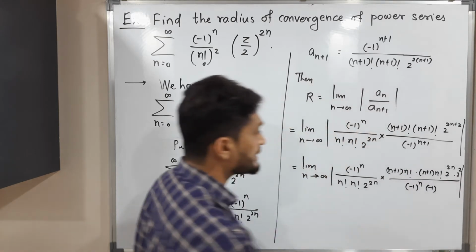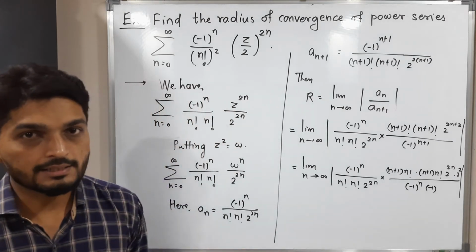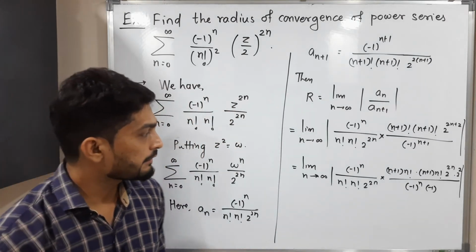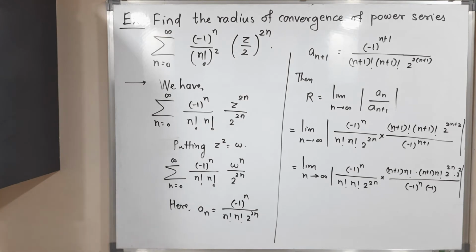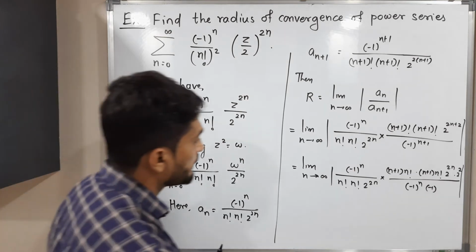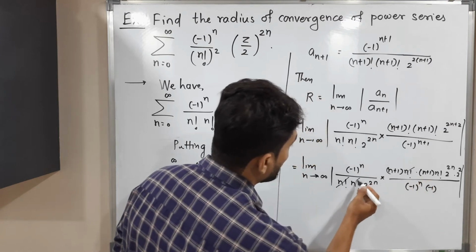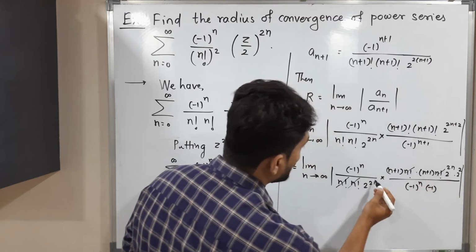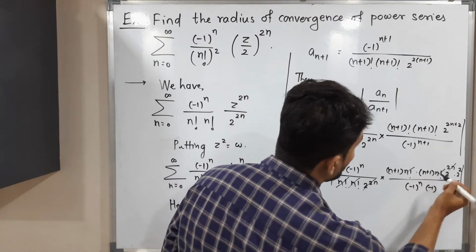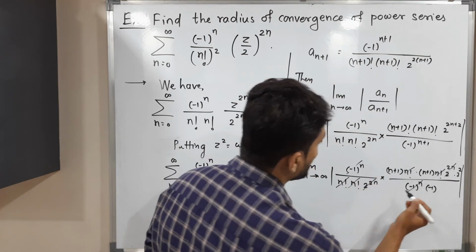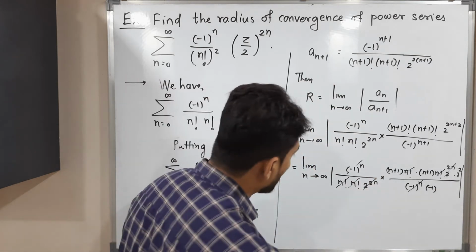Now you can easily tell me which terms we can cancel here. We can cancel n factorial. It will get cancelled with this one. 2 raised to 2n and minus 1 raised to n will get cancelled. So let me write the remaining terms here.